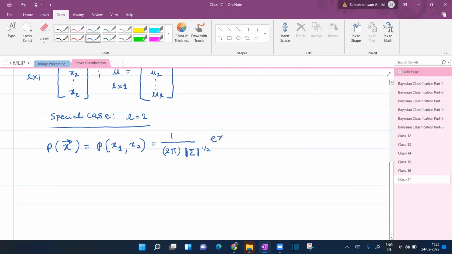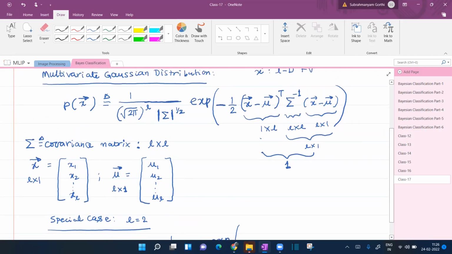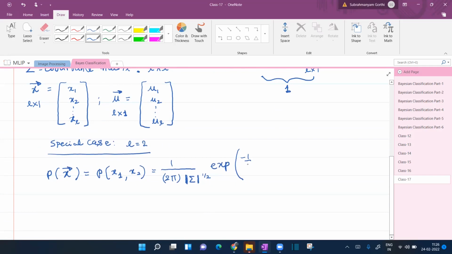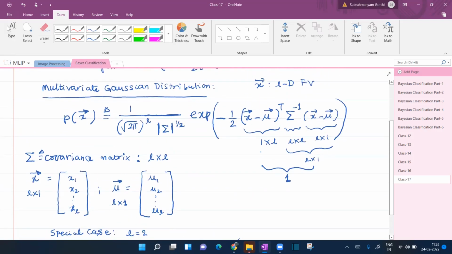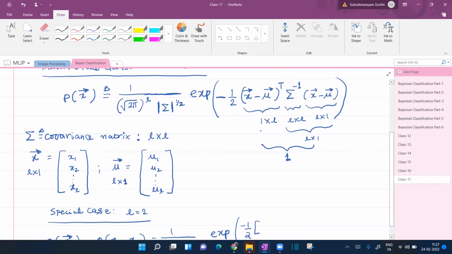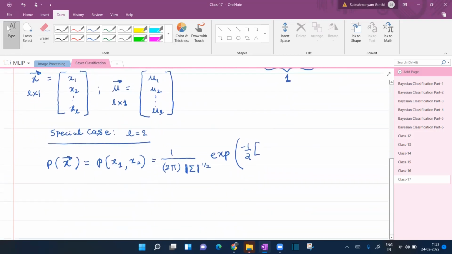Then the exponential of minus 1 by 2, easy to write. So I'll still keep that minus 1 by 2 here. And here I have x bar minus mu bar whole transpose. What would be the size here? 1 cross 2. So I could write here x1 minus mu1 and x2 minus mu2 in this way.